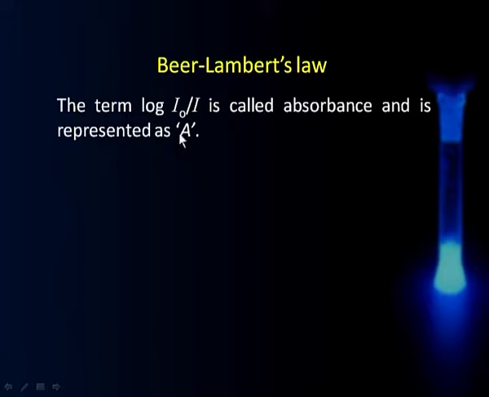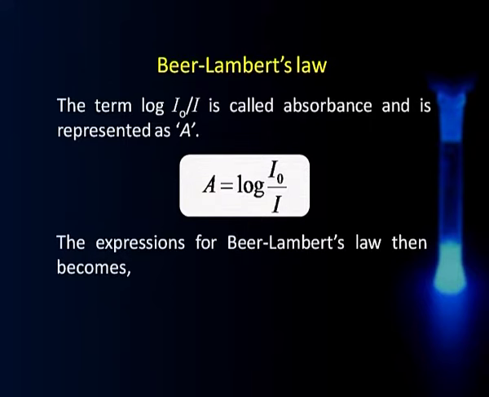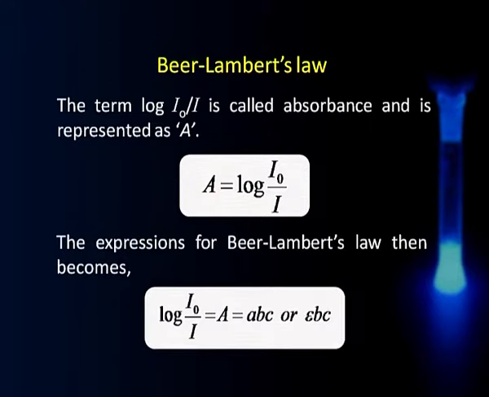Let us make it a little further simplified. We do it by defining a term called absorbance. The term on the left hand side, that is log I naught by I, is called absorbance and is given a symbol A. This is the way I define my absorbance, A equal to log of I naught by I. So with this, the expression for Beer-Lambert law will become as follows: log of I naught by I, which we defined as absorbance A, will be equal to ABC or epsilon BC.